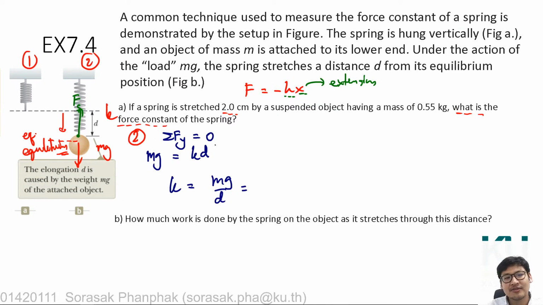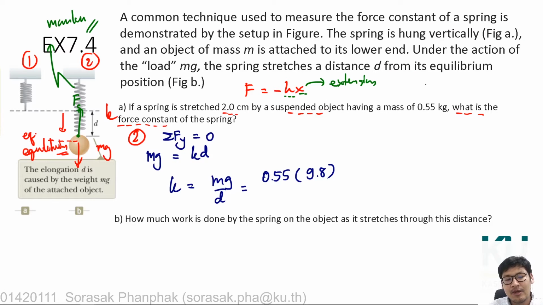So let's replace all the information that you know. Firstly, we treat the spring as a massless spring for this condition. So we simplify that the mass only comes from the loading mass, or the mg here. The suspended object is 0.55 kilogram, and g is 9.8, right?